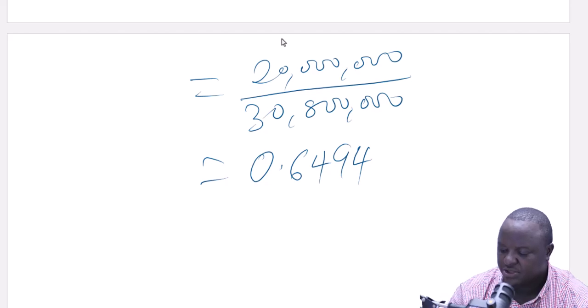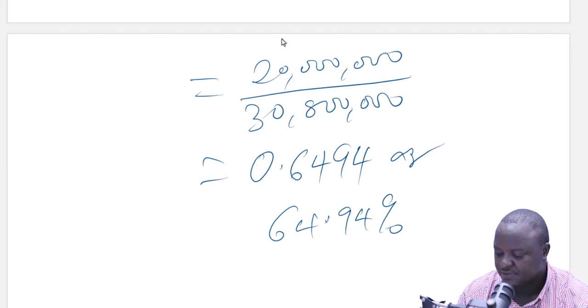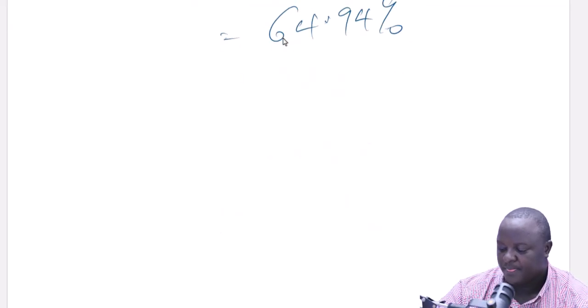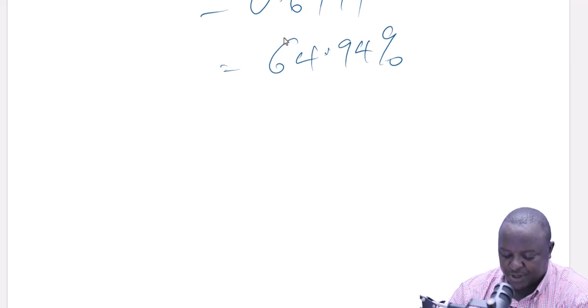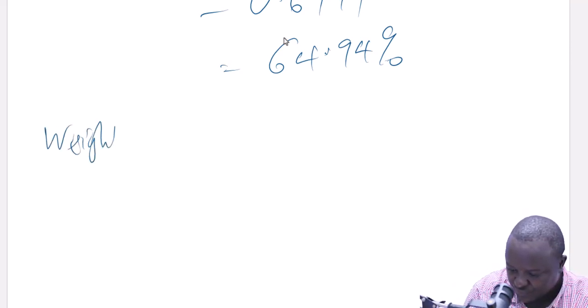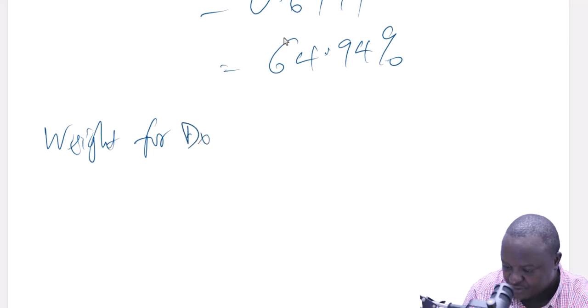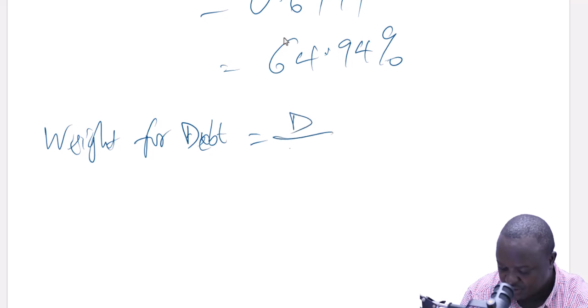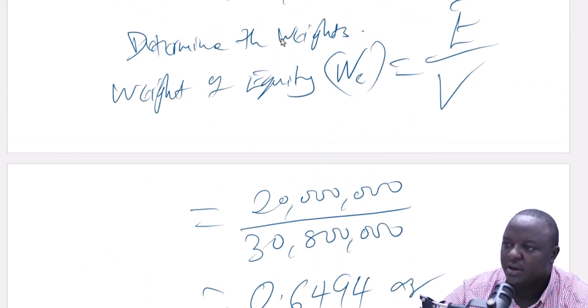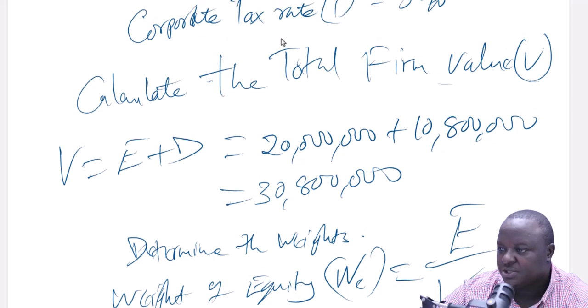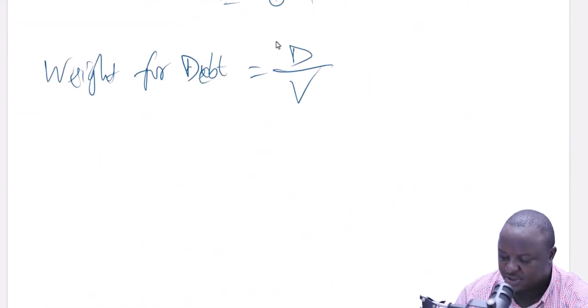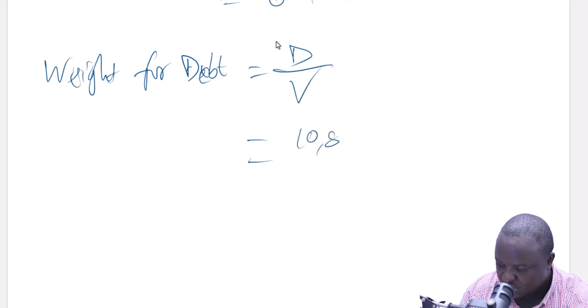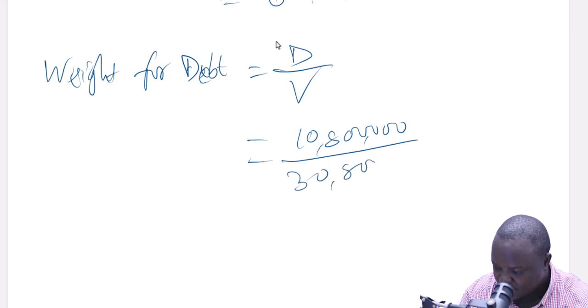We convert that, which is the same as 64.94%. So the weight for debt equals the debt divided by the total firm value, which is 10,800,000 divided by 30,800,000.